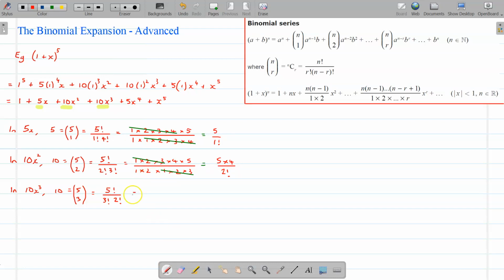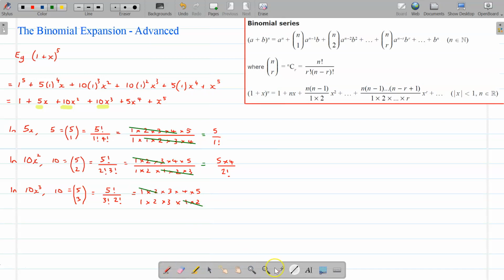So if I write it in full, I'm going to write 1 times 2 times 3 times 4 times 5. Underneath, I'm going to have 1 times 2 times 3, and that's going to be timesed by 1 times 2. Okay, and when I come to do my cancelling now, I'm taking the 1 and 2 out there with the 1 and 2 over here.